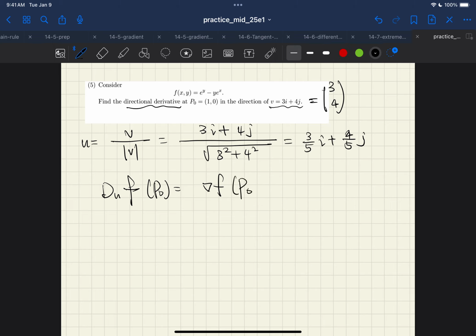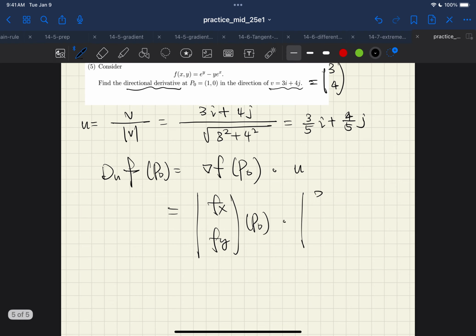What I mean is gradient f at P0, then you get two numbers for a 2D vector, and then dot product with u. Here gradient f means fx, fy at P0, dot u, which means 3/5 and 4/5.